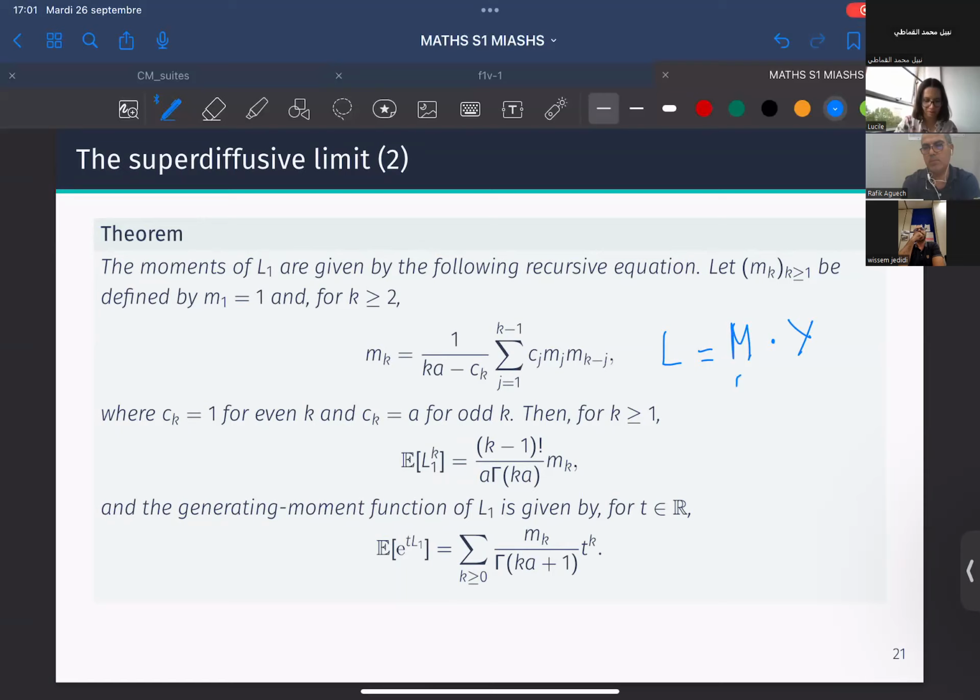And this is the Mittag-Leffler distribution M, which actually is 1 over S to the power A, where S is a positive stable random variable. Besides, then your main concern is the identification of the distribution of L1.